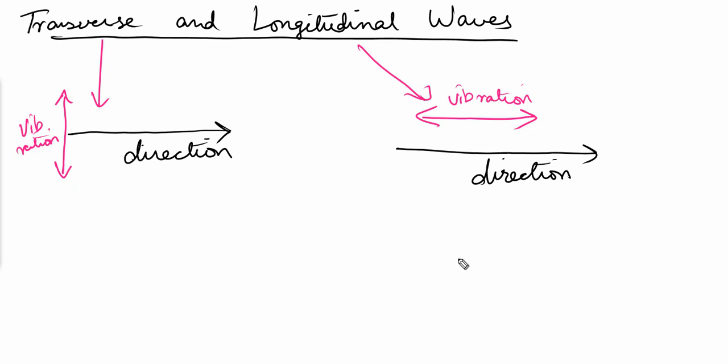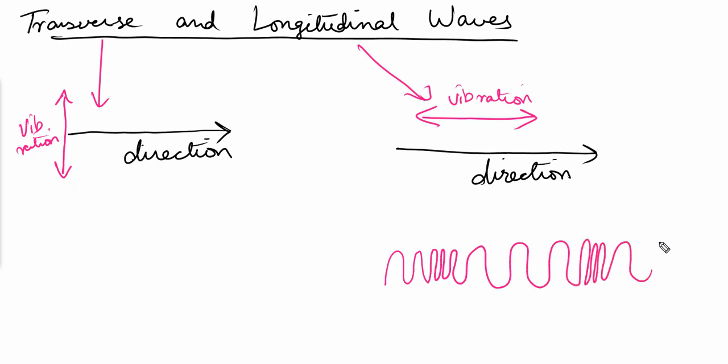In the longitudinal wave, we see the compressions and rarefactions, and in the transverse waves, we see the change in the displacement of the wave. So for the longitudinal wave, we can consider the wave like this. There will be some compressions, there will be some rarefactions, again compressions, again rarefactions. So this is considered to be the longitudinal wave, and sound waves are longitudinal waves.